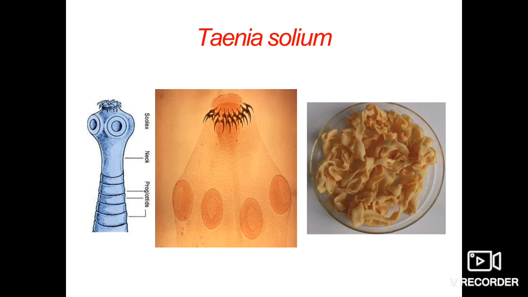In this diagram you can see the clear structure of Taenia solium. The size is very large in the case of this parasite, so you don't need a microscope to identify it.